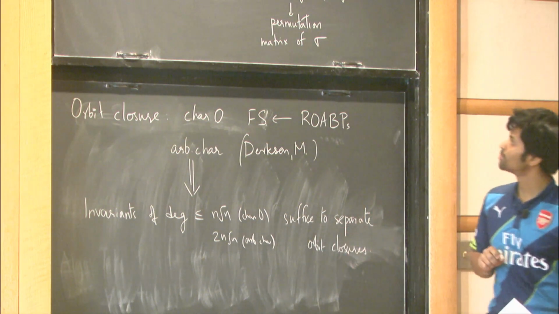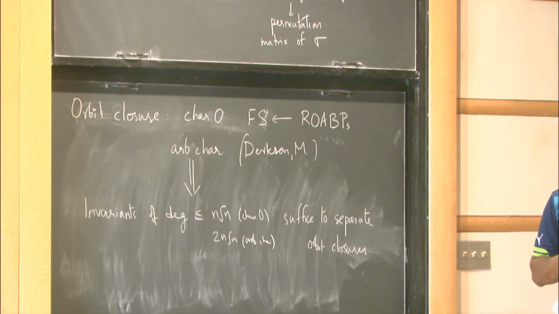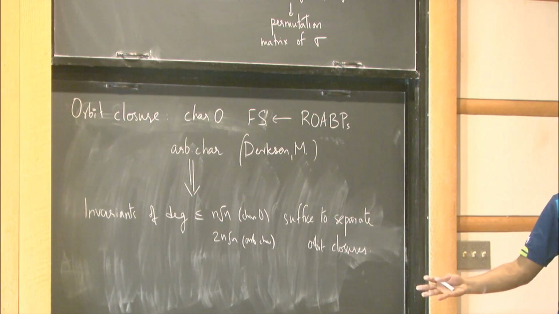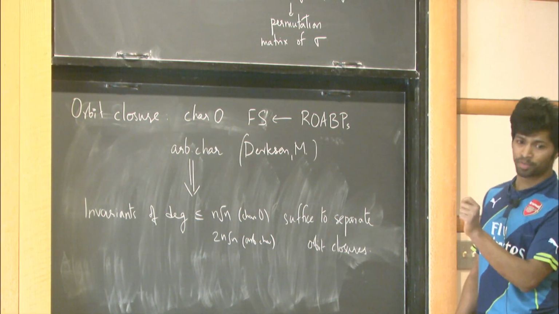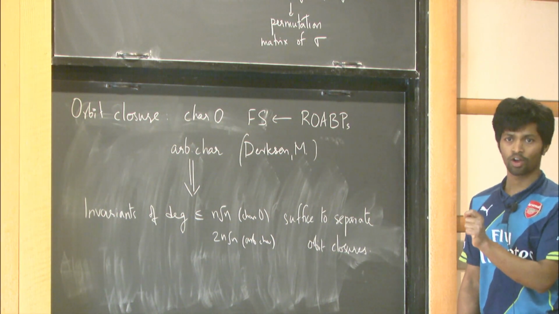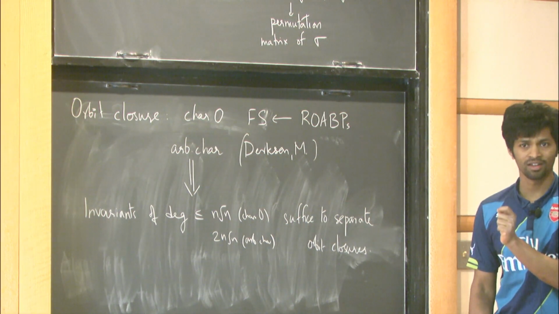Okay. So if you remember in the graph isomorphism problem, I said, look, you test all the generators. But there's no reason that you actually need all the generators if all you want to do is to separate orbit closures, right? You might get away with a subset of generators. And in this case, we have degree bounds that are m plus 1 n to the 4, or in characteristic 0 even n squared.